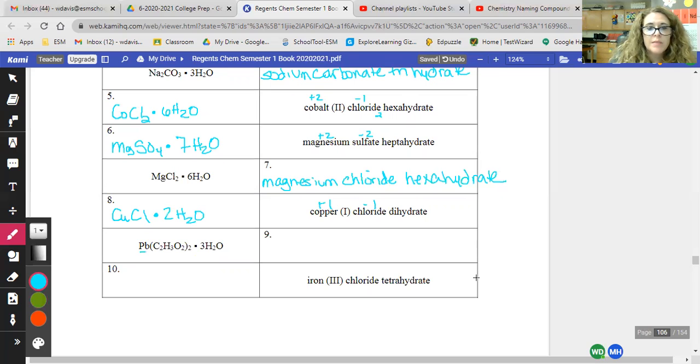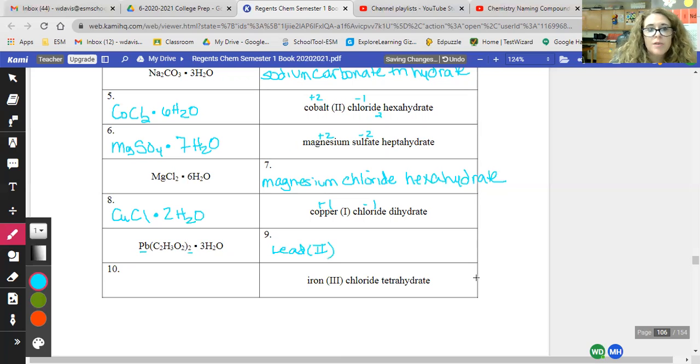So now I'm going to name this one. This is lead. I know I need a Roman numeral because lead has more than one oxidation state, and it's in the periodic table center area, the transition metals. So I need to know what the Roman numeral is. So I'm going to go over here and I'm going to grab that subscript of 2. So lead, Roman numeral 2.